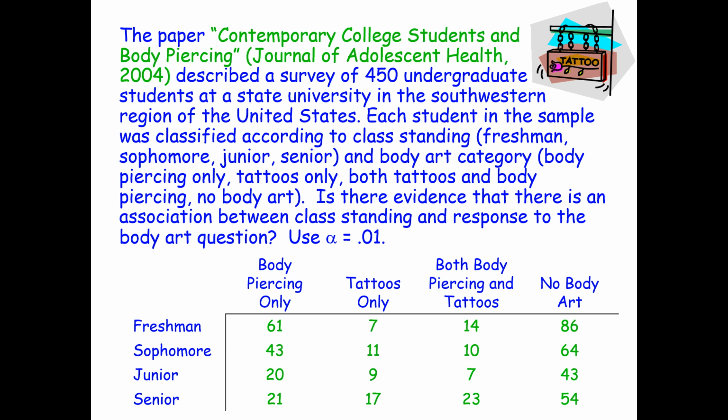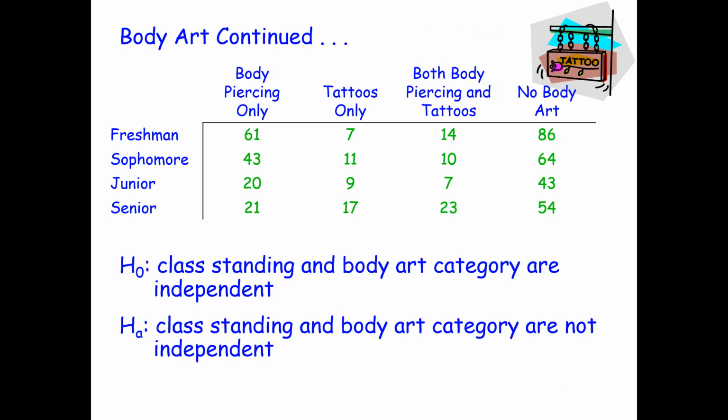So here we have our table. So let's state the hypotheses. Our null hypothesis is that class standing and body art category are independent. And our alternative hypothesis is that class standing and body art category are not independent.